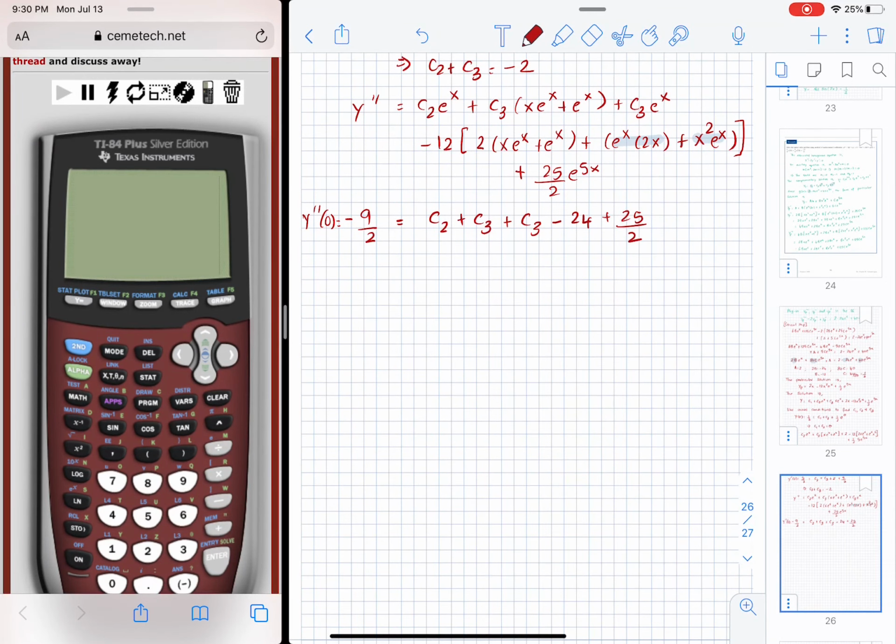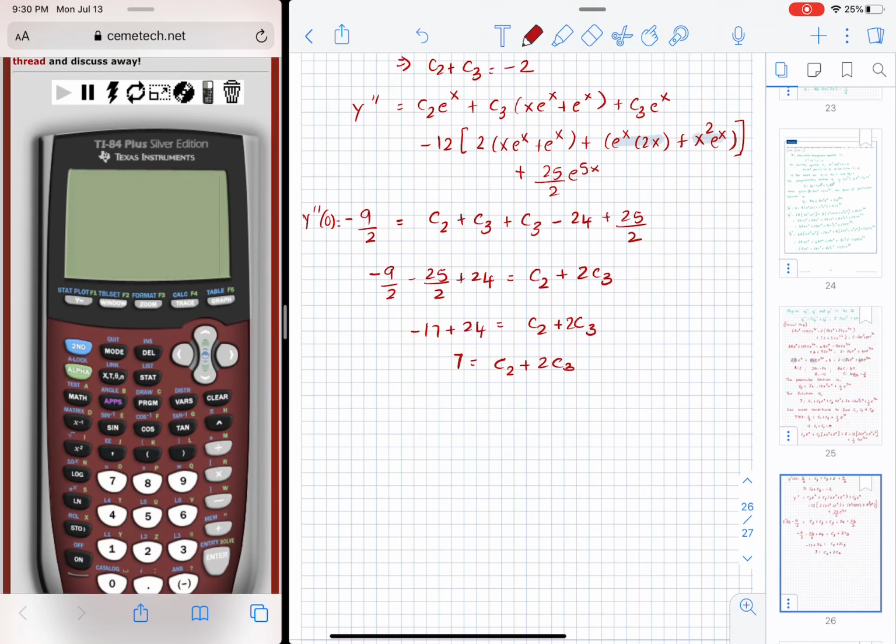Move things to one side, so we would have negative 9 over 2, negative 25 over 2 plus 24. That would equal c2 plus 2c3. Negative 17 plus 24 equals c2 plus 2c3. 7 would equal c2 plus 2c3.